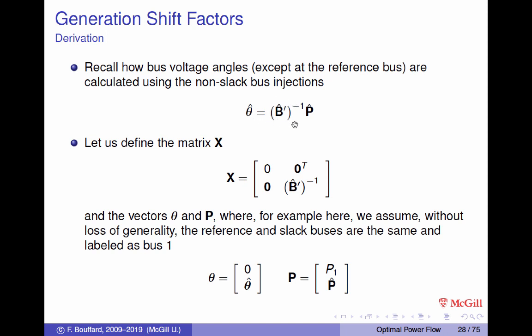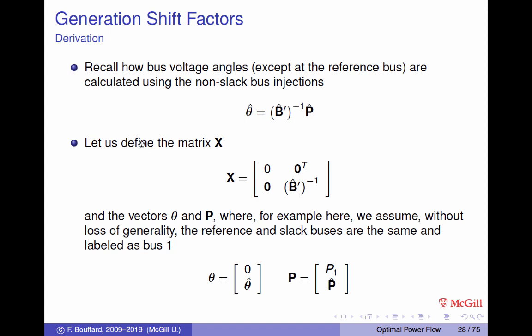So we're taking the inverse of the B prime matrix, where the hat on the B prime signifies that we have removed the row and the column corresponding to the reference and slack nodes, which again, for argument's sake, let's assume are the same. So if we take the inverse times the vector of power injections at all the nodes except the reference, that will give us the angles.